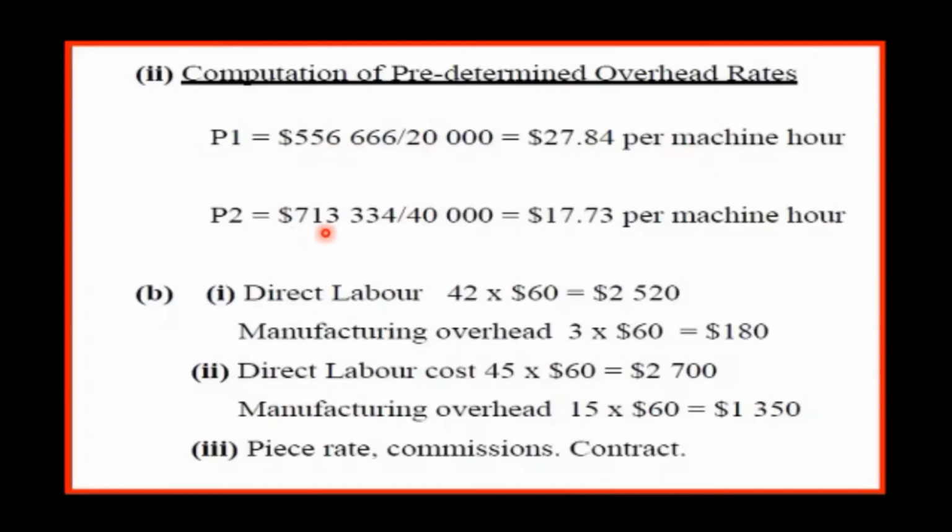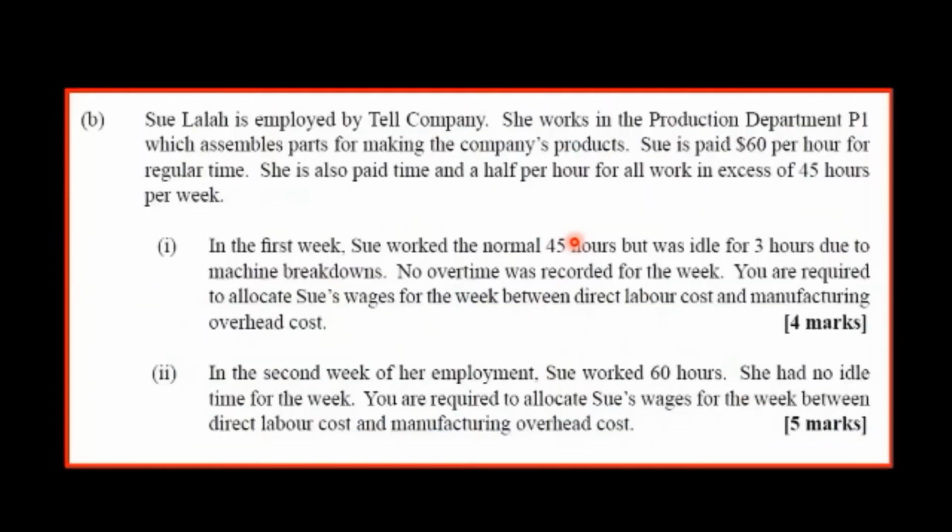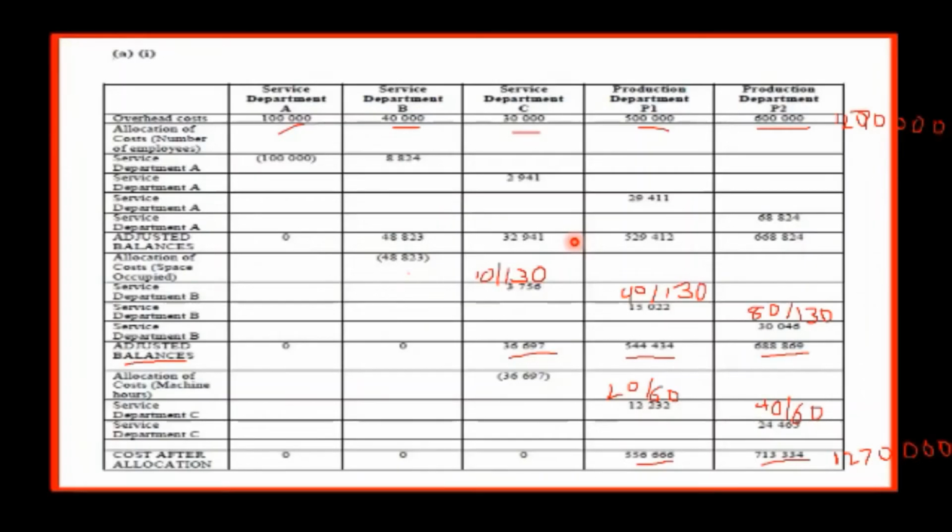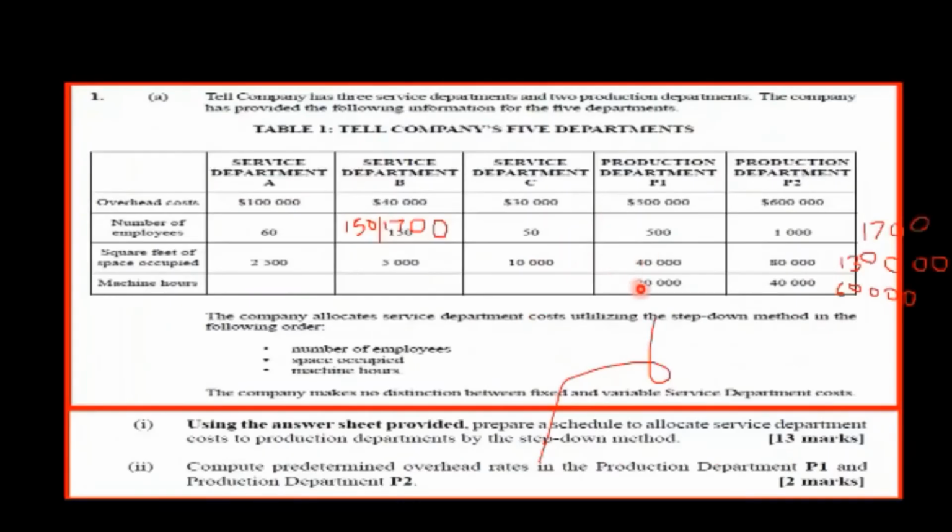Production department two, 713, and we divide by 40,000. The 20,000 and the 40,000 is given to you. Okay, you'd see it, it's here, right?